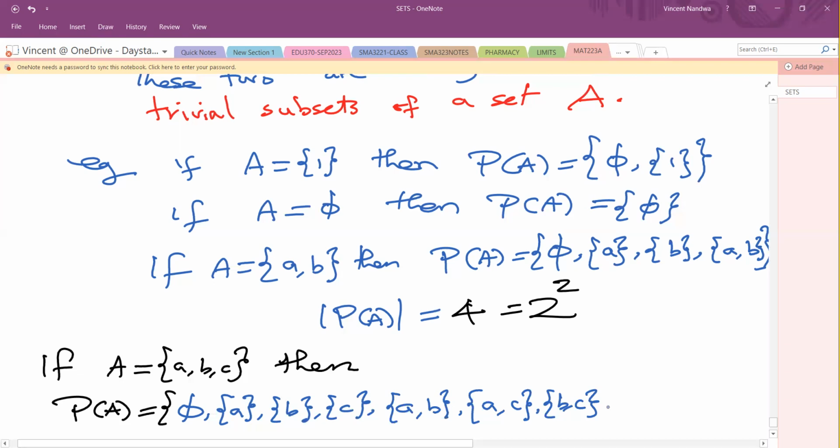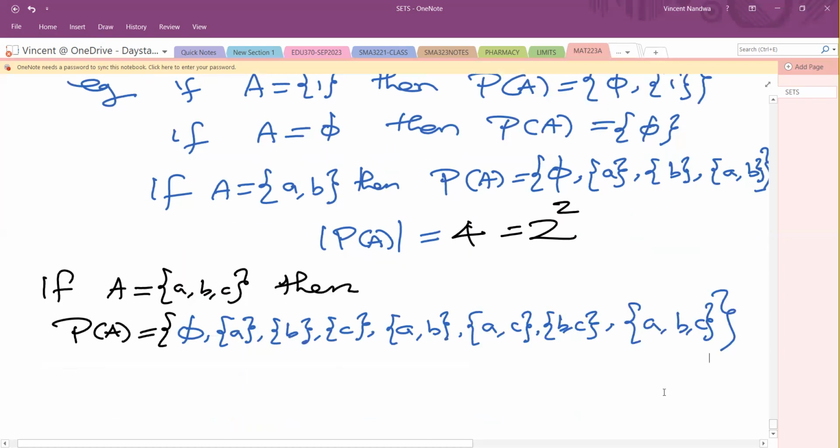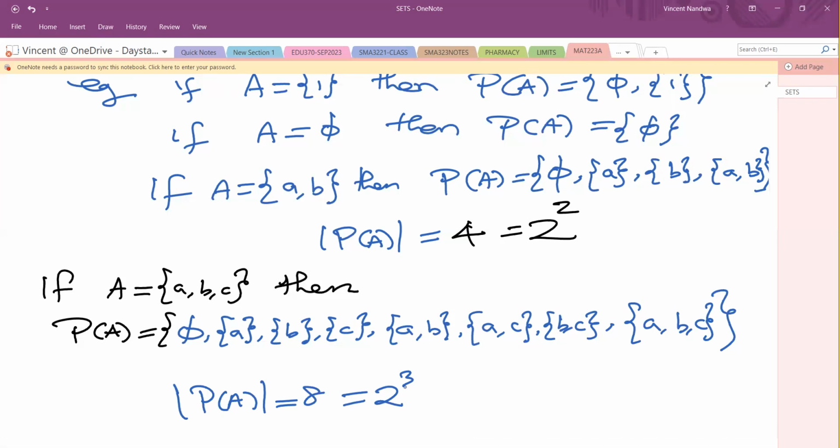And then finally, the whole set involving the three elements. If you count this, what would be the cardinality of the power set of A? Eight, which is what we expect, because the cardinality of the power set of A is 2 raised to the power of the cardinality of A. So 2 power 3 is 8.